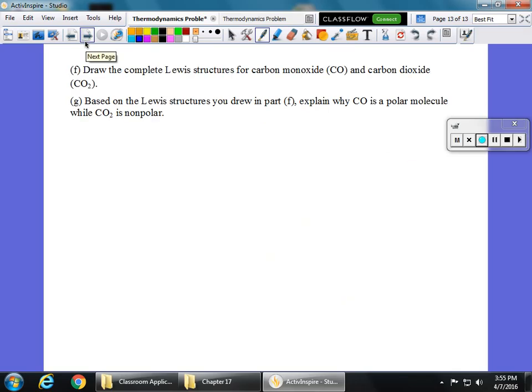Let's take a look at the last part, and this one's just a Lewis part. This doesn't really have anything to do with thermodynamics, but you're going to expect that. It's asked us to draw complete Lewis structures for carbon monoxide and carbon dioxide. Just to double check yourself, carbon monoxide: carbon has 4, oxygen has 6.